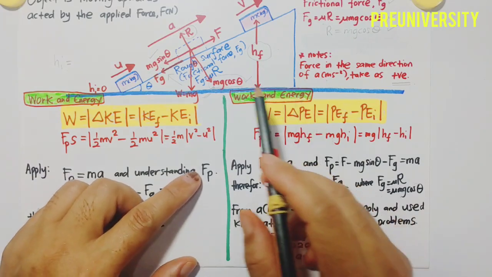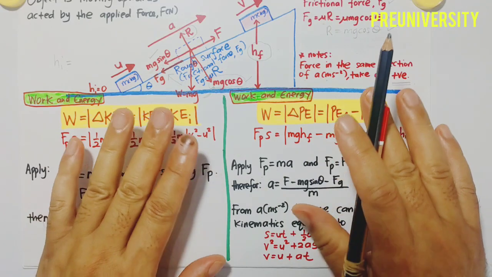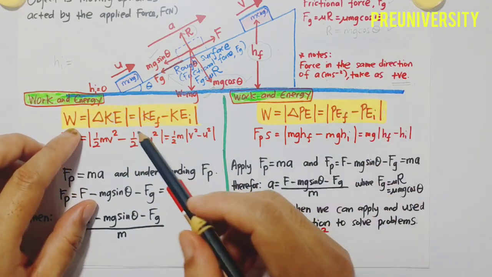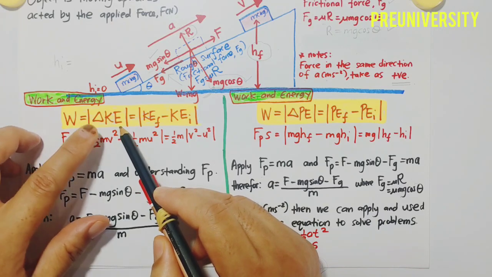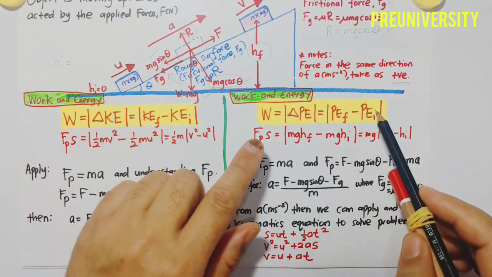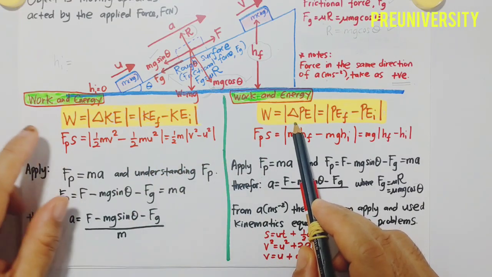Okay, so we go for the work and energy theorem. In this case, we have two cases. The work and energy theorem refers to the change in kinetic energy and the change in gravitational potential energy.